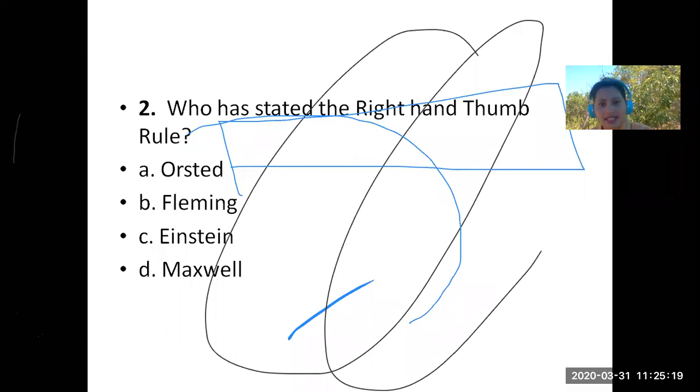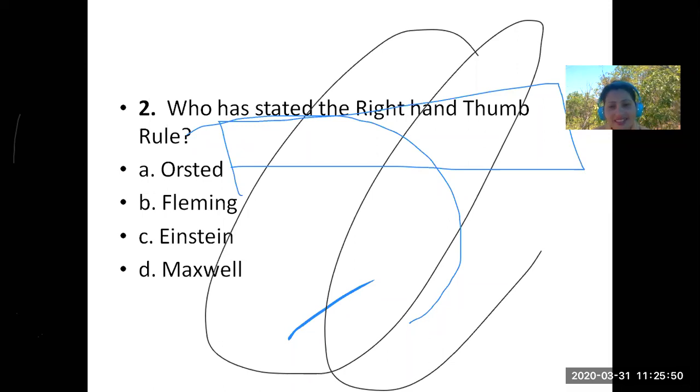Who has stated the right hand thumb rule? Orsted. No, children, Orsted's experiment was different. Maxwell is the correct answer. Einstein has not come in this lesson at all.